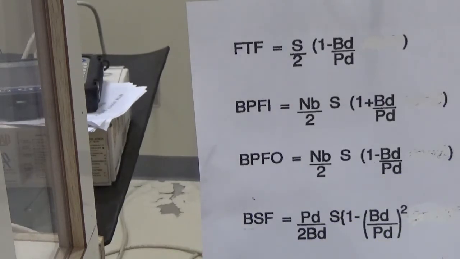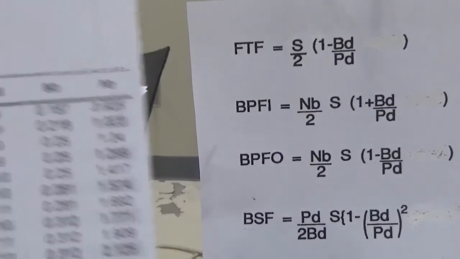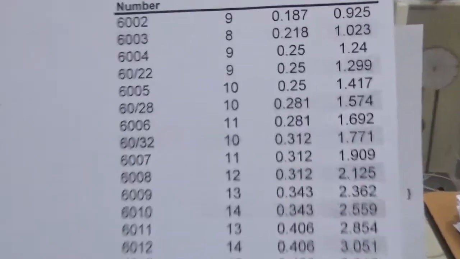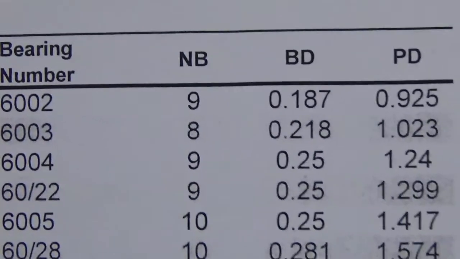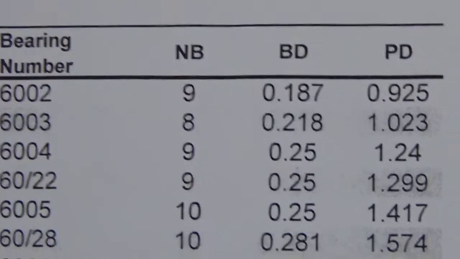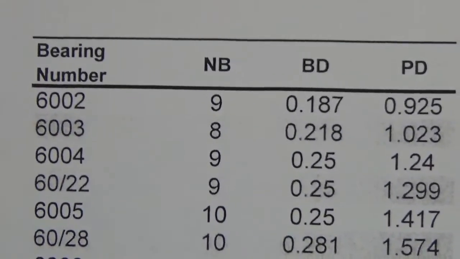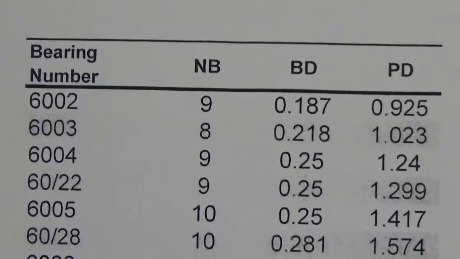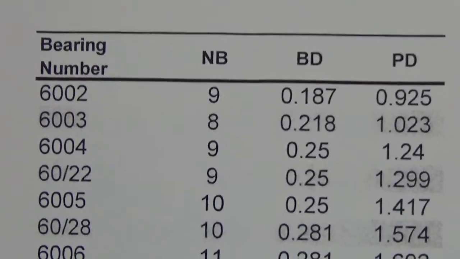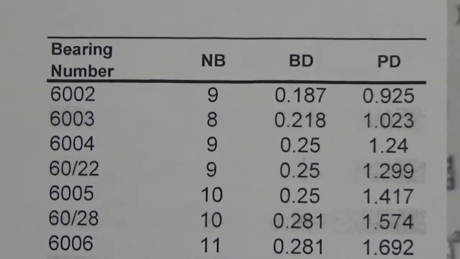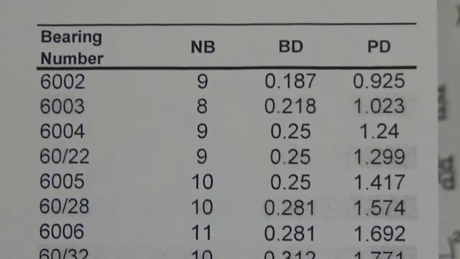So by these you can get the information how many number of balls are, what is the ball diameter, what is the pitch diameter from the manual of the bearings.